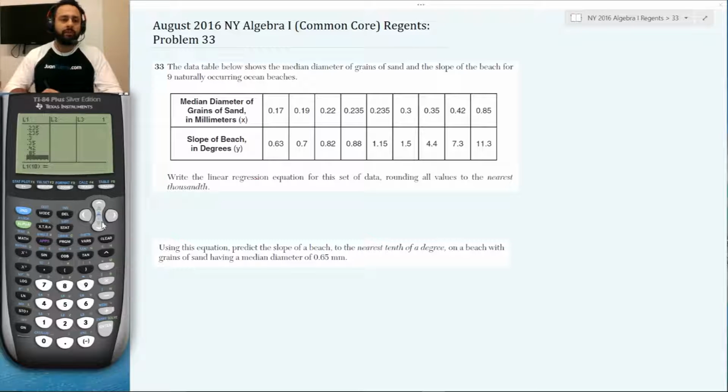Okay, so that's all our list of x values, and then the y values, we enter those: 0.63, 0.7, 0.82, 0.88, 1.15, 1.5, 4.4, 7.3, and then 11.3.